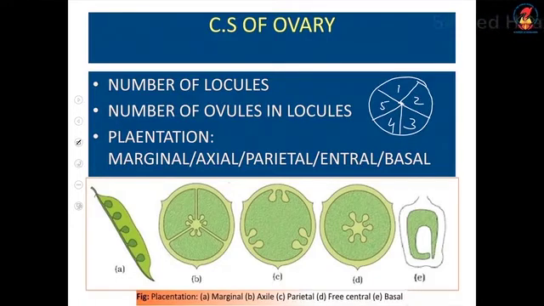In hibiscus, a thin section gives the ovary with septa dividing it into 5 chambers or 5 locules.